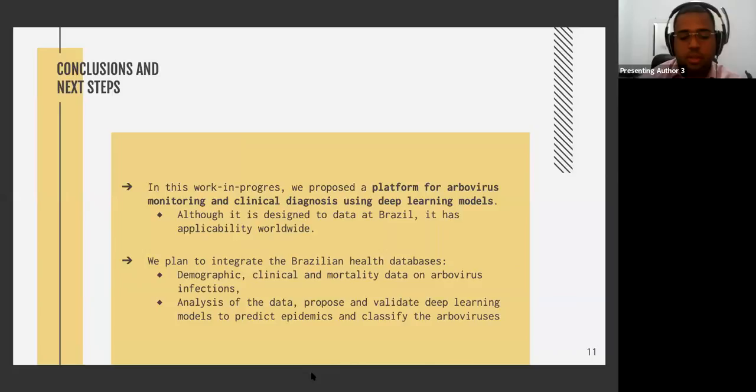We plan to integrate the Brazilian health databases: demographic, clinical, and mortality data on arbovirus infections. These databases are characterized by inconsistencies, maintenance, and integration issues. And lastly, we will analyze the data and propose and validate deep learning models to predict epidemics and classify the arboviruses.